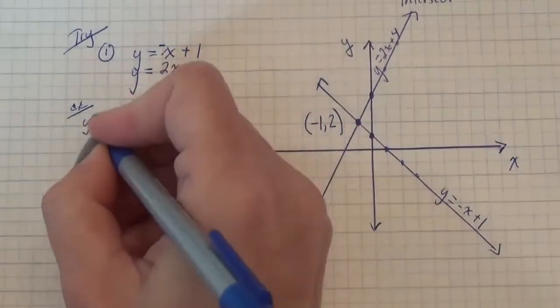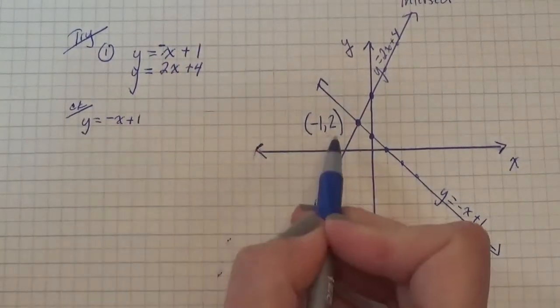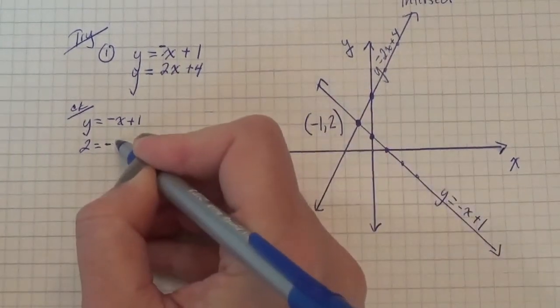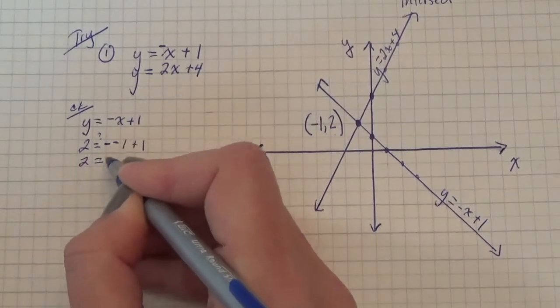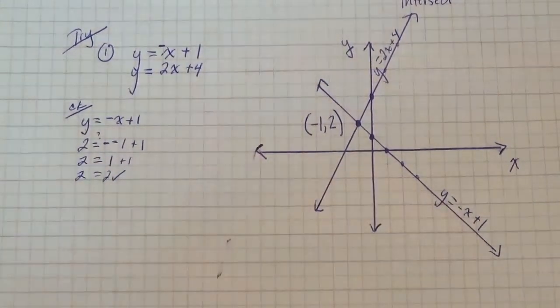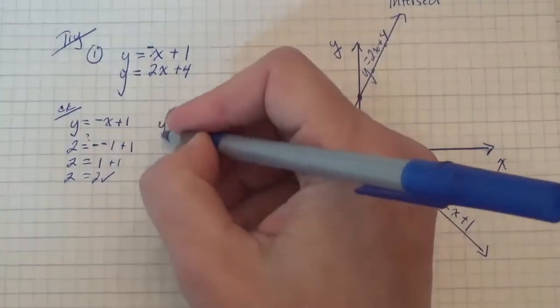So I'm going to start with the first one, -x plus 1. So we think y is 2 and x is -1. Does this work? Well, this is really like 1 plus 1. Yes, it does. So it works in the first equation. Does it work in the next one? Let's try it.